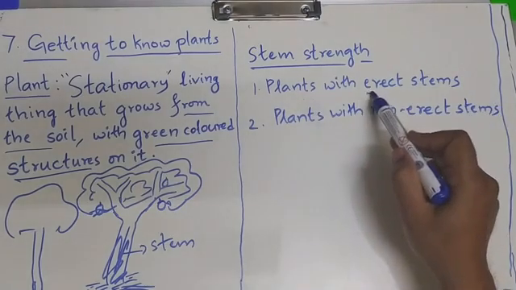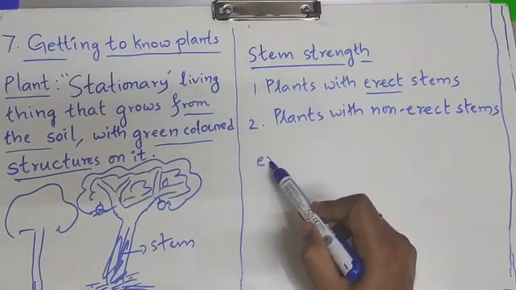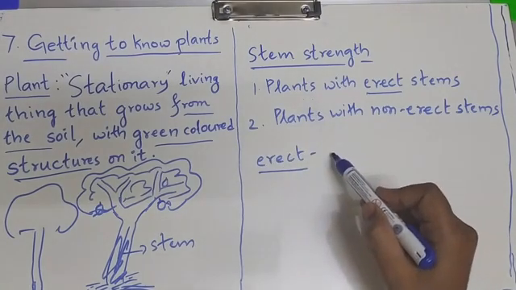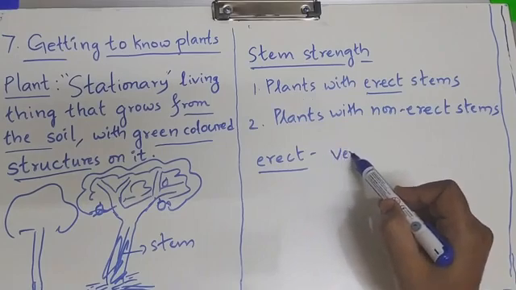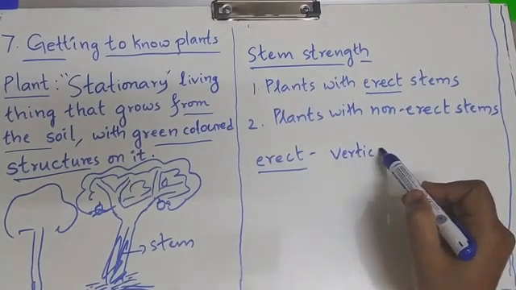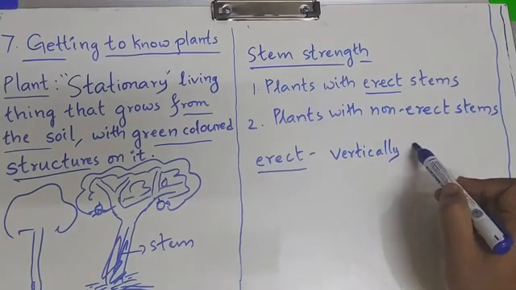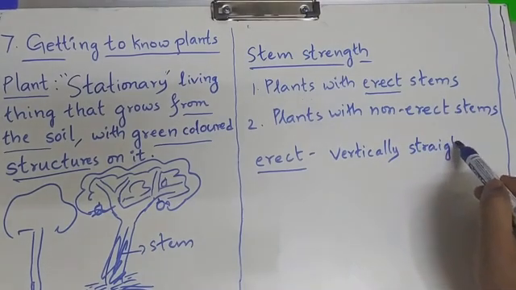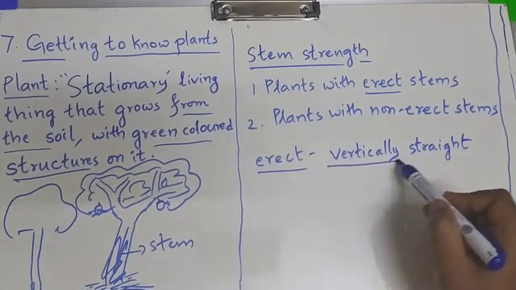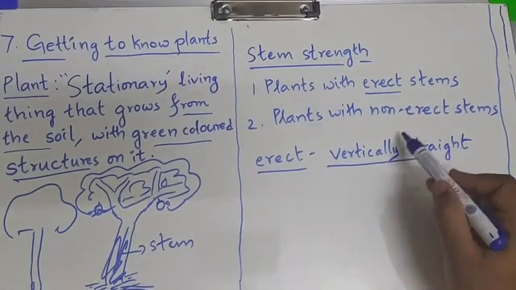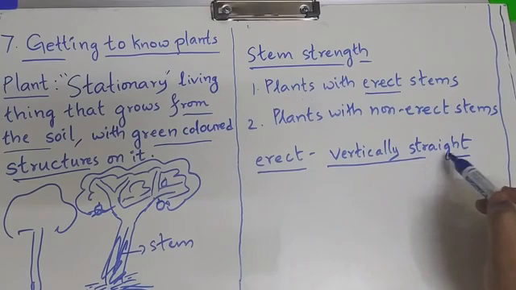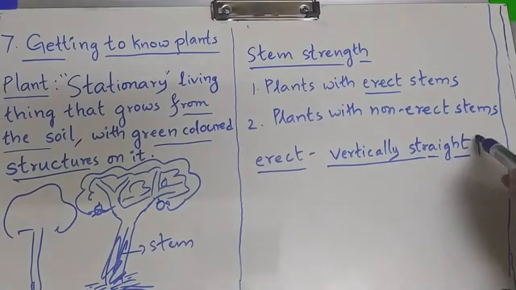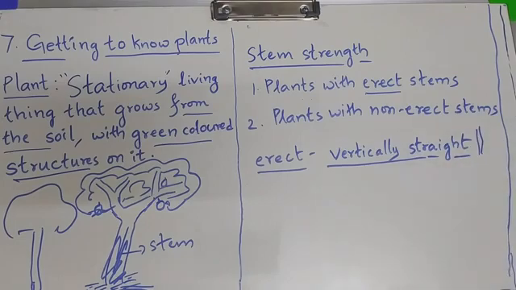What is this erect? Erect means vertically straight. So plants that are having vertically straight, almost straight or up like this stems.